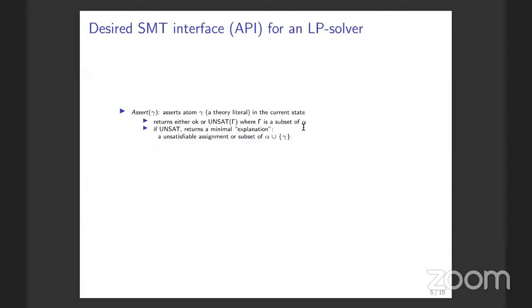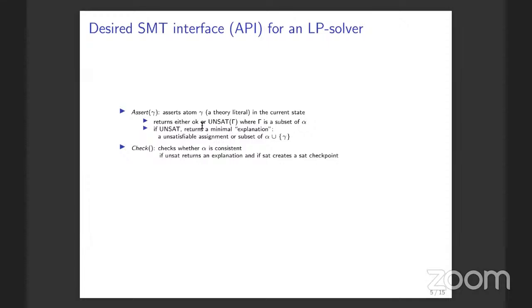It returns tau, which is a subset of alpha. It takes into account all the assertions you've made so far and returns some minimal explanation.